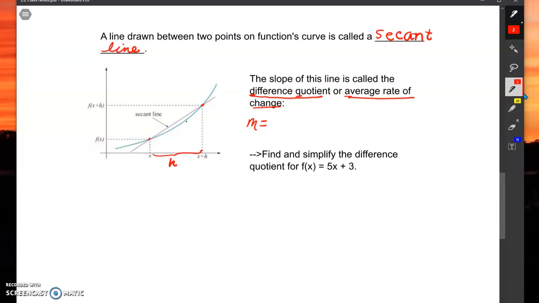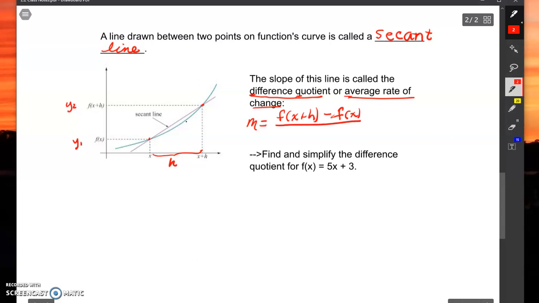We're going to subtract the y's on top, just like we do. Remember, when we calculate the slope, we take y2 minus y1. So on the top, we're going to do f of x plus h, that's our y2, minus f of x.